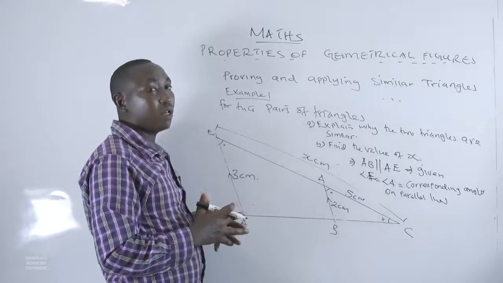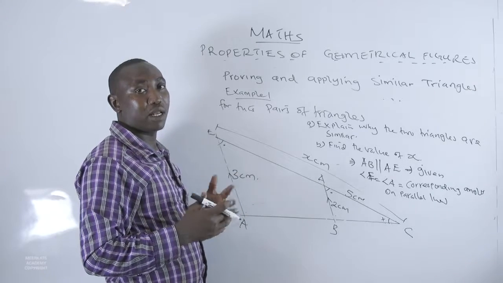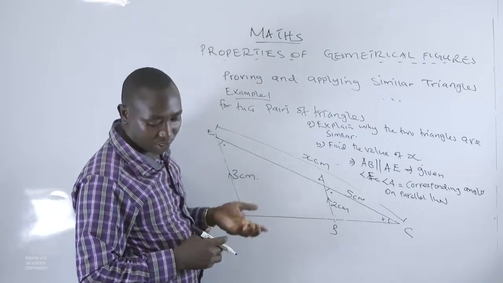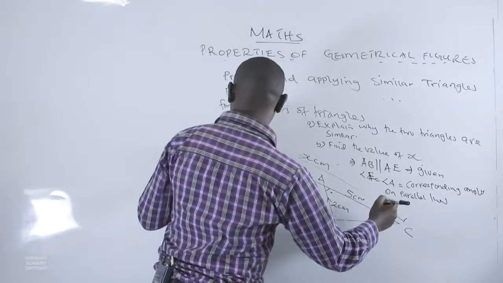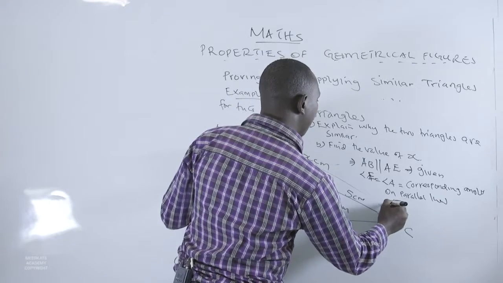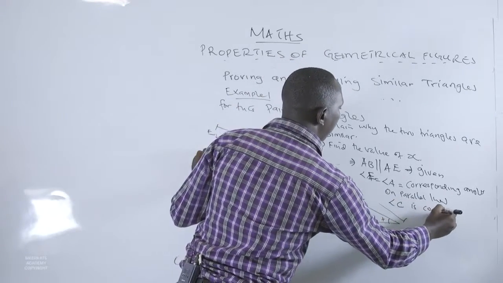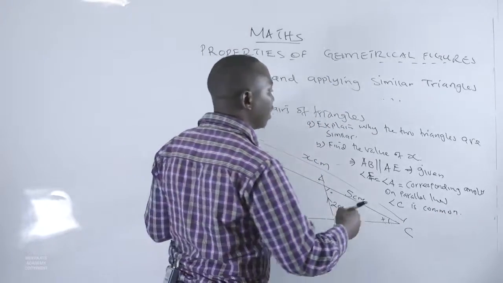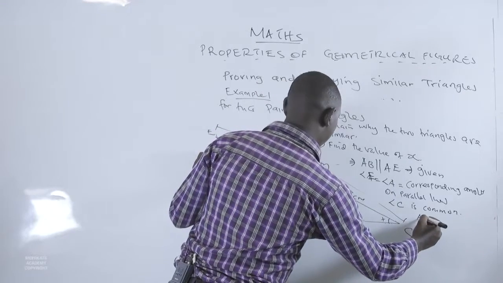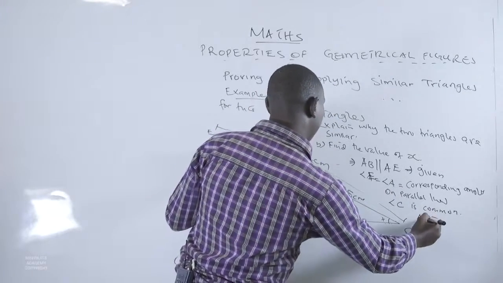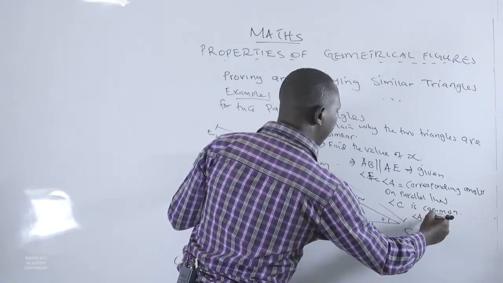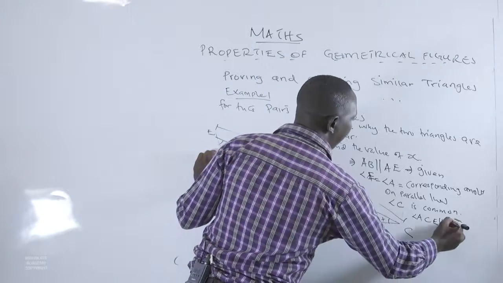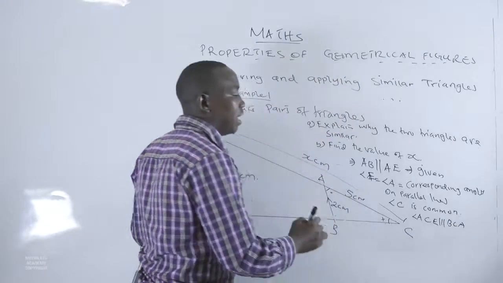And in a case where all the angles of the two triangles are equal, then automatically we can say that those two triangles are similar. So angle C is common. That means all the angles are equal. Therefore, we can say that triangle ACE is similar to triangle BCA. And you will be done.